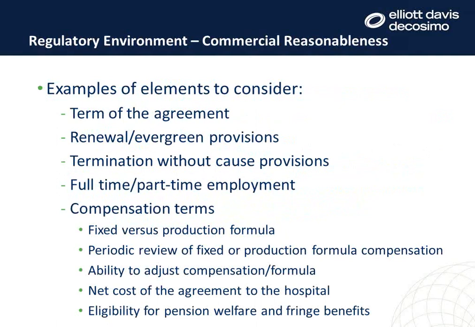Historically, or early in Stark, we might have looked at fair market value and commercial reasonableness as all being together, or commercial reasonableness as, well, of course, it has to make sense, and then we would move on. But we're finding that, as the government looks at these arrangements, we have to take a broader look. So we're going to cover some of the things that might be in that broader look.